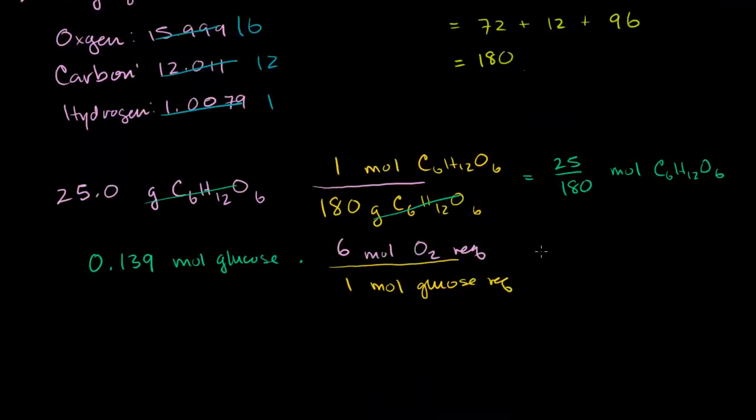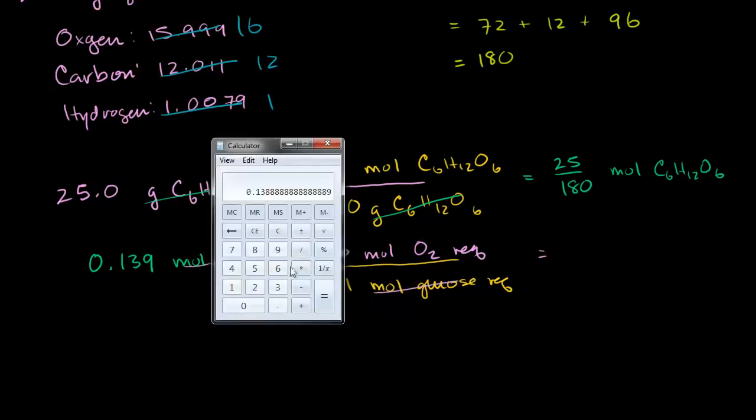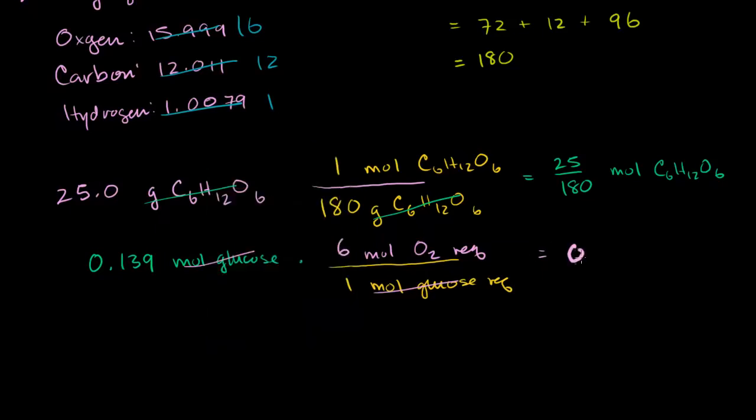And then what do we get here? Well, we have the moles of glucose canceling out with the moles of glucose. And then we multiply the 6 times 0.139. So let's just multiply this times 6, which is equal to 0.833 moles of oxygen required.